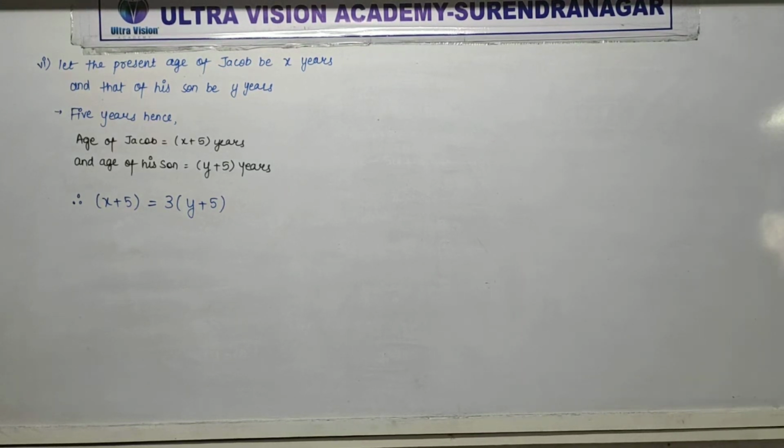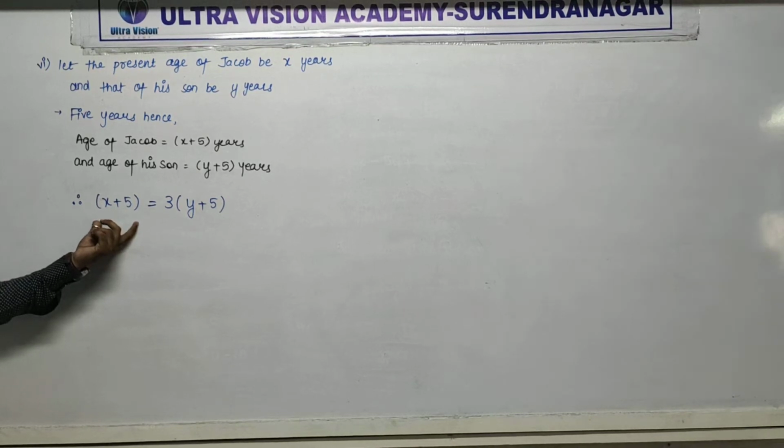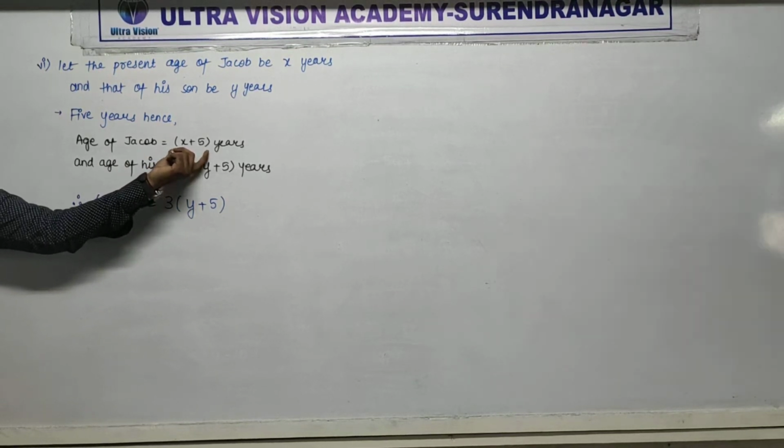Clear or not? Yes. Everyone? Yes. See, again I am speaking. What is this x plus 5? Age of Jacob. But how? 5 years after. 5 વર્ષ પછી.